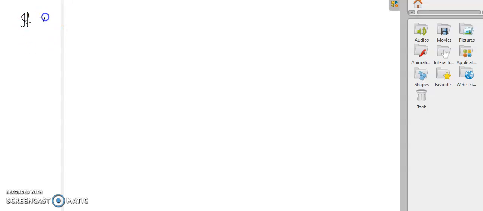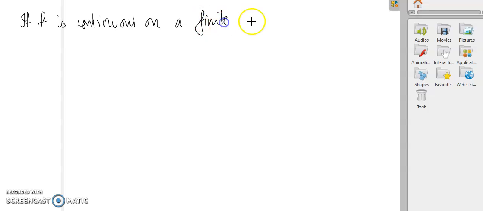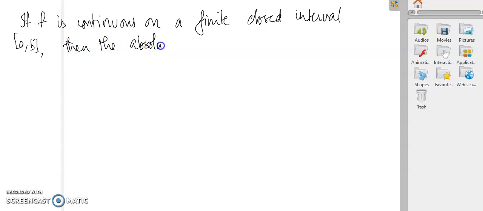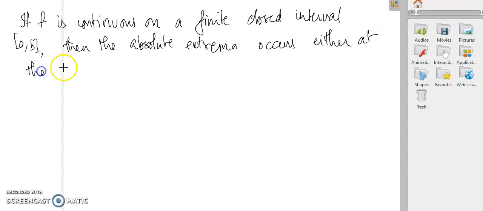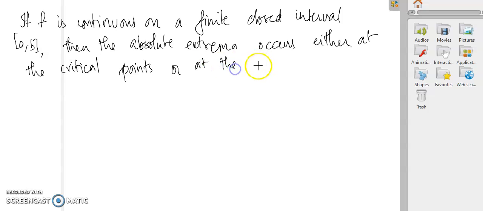So if f is continuous on a finite closed interval, so let us take the closed interval [a, b], then the absolute extrema occurs either at the critical points or at the endpoints of the interval.